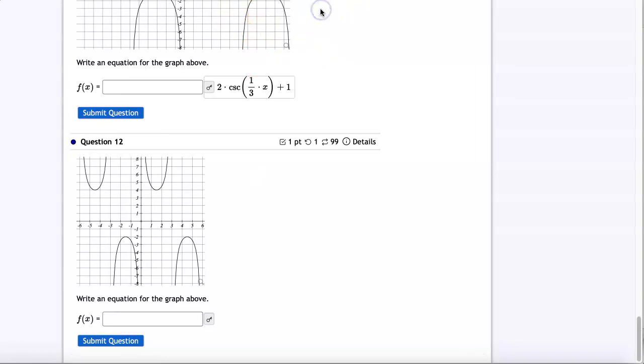Start by finding the midline. Halfway between 4 and -2 is +1, so this one again is going to have a midline at y equals 1. This one is an amplitude of 3 instead of 2. So we are going 3 above 1, so the amplitude is 3.